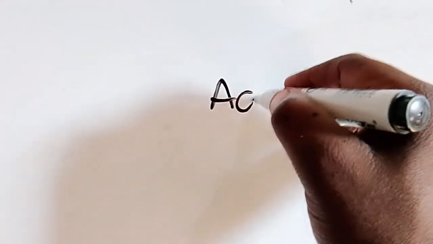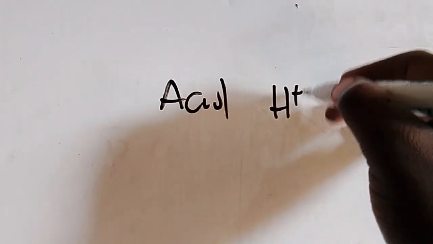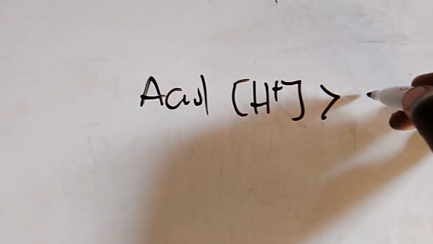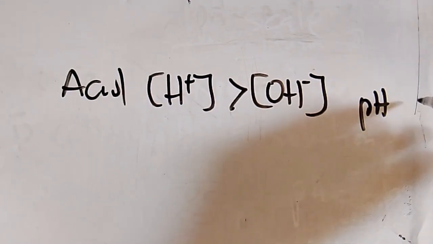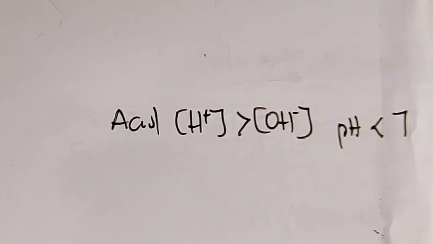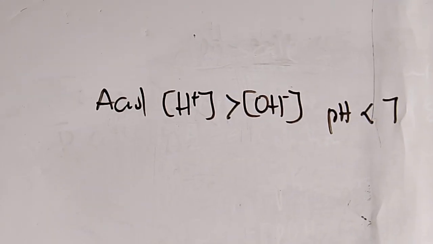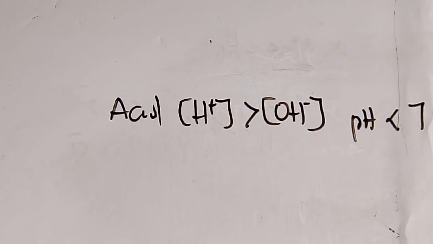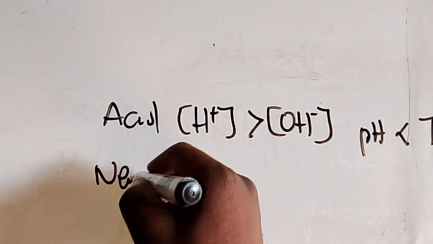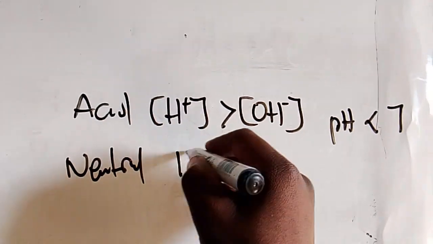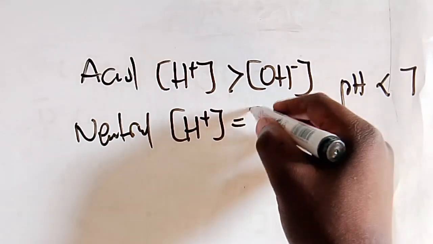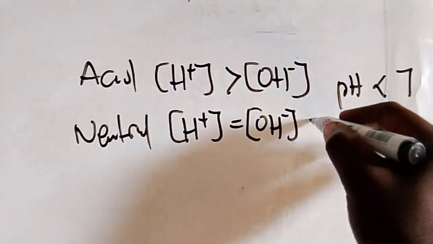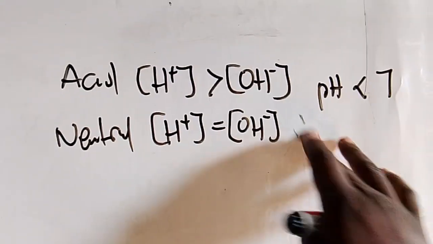For acid, the hydrogen ion concentration is greater than the hydroxide ion concentration, so in this case pH will be less than 7. Then for neutral, hydrogen ion concentration will equal hydroxide ion concentration.